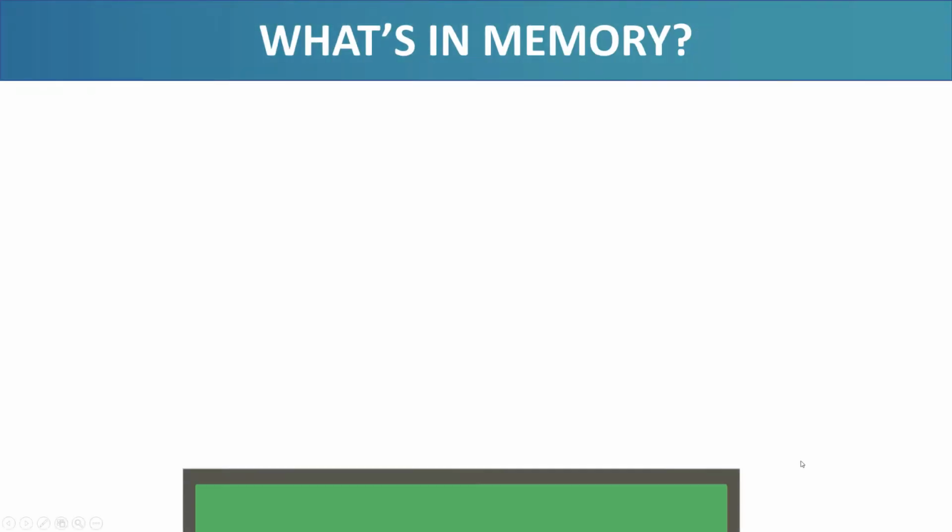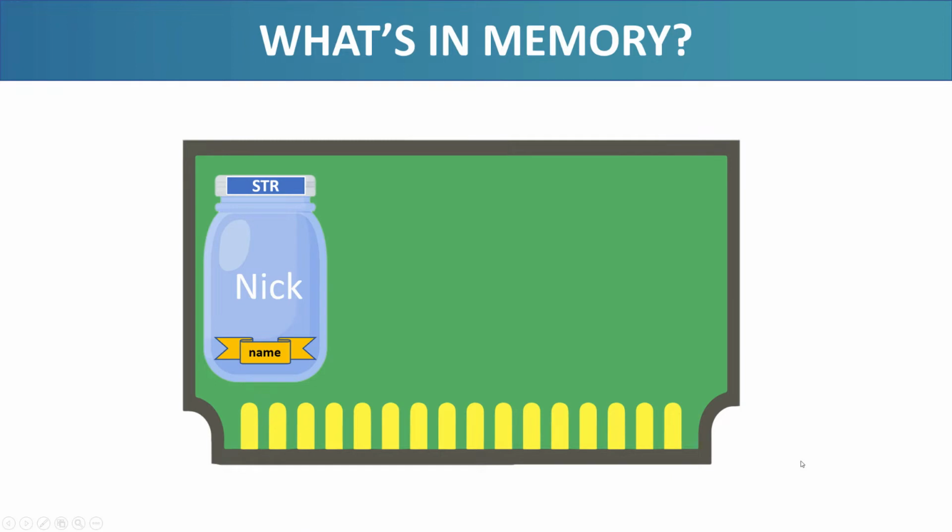So in the memory we now have a container that has the label name and inside it we have stored the text Nick. So the variable is a string variable and this is very important.